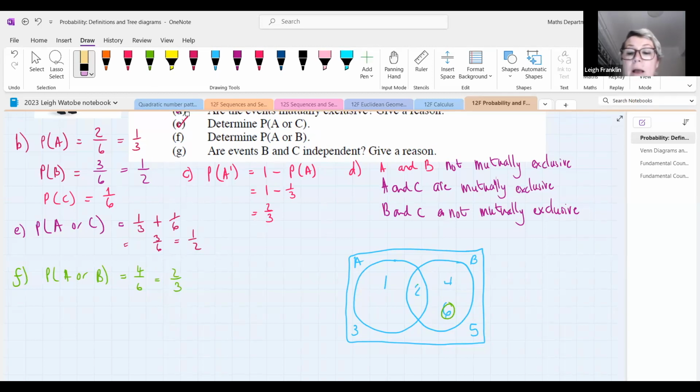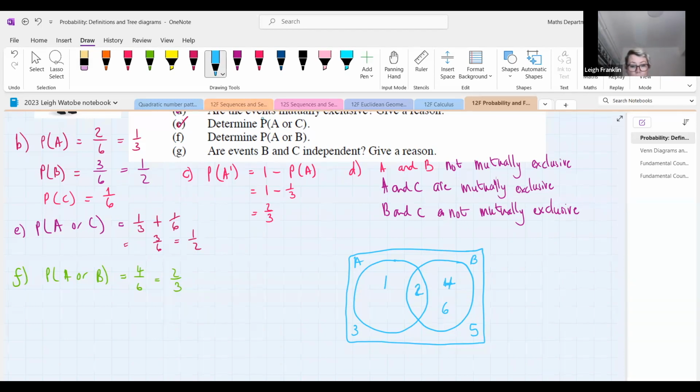Okay, so somebody was saying that they didn't understand where the 4 and 6 came from. There are 4 values that are either A or B or both.